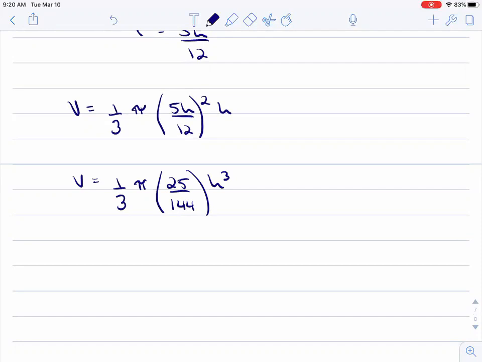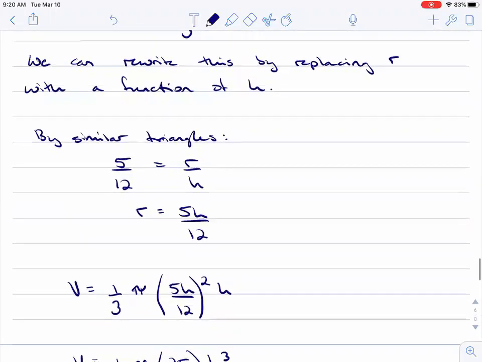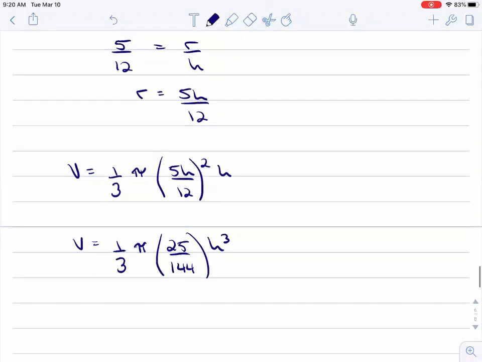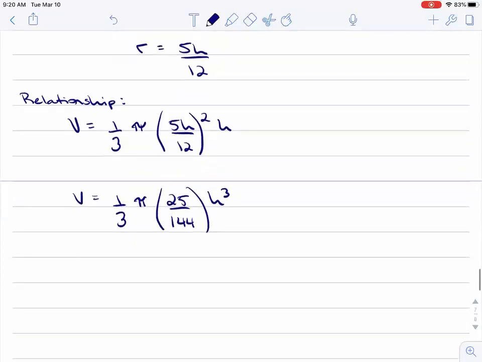So this is the relationship: V is 1/3 pi times 25 over 144 times h to the 3.